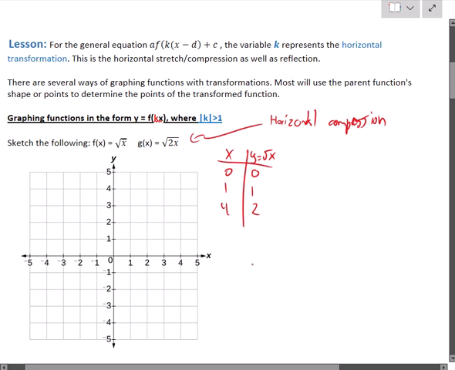Let's say we had our old x value. Our old x value is going to be mapped onto 2 times the new x value. But we need to actually get the new x value from this, so we would divide that side by 2, cancel these, and that would tell us that our new x value is actually the old x value divided by 2.